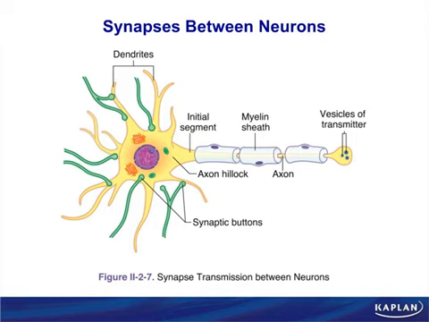For the axon, we start with the initial segment. There's the axon hillock in the initial segment. There's our myelin sheath, and that little opening in between, the nodes of Ranvier. The initial segment, axon hillock region is very important because this is where the action potential begins. We have a whole bunch of fast sodium channels.